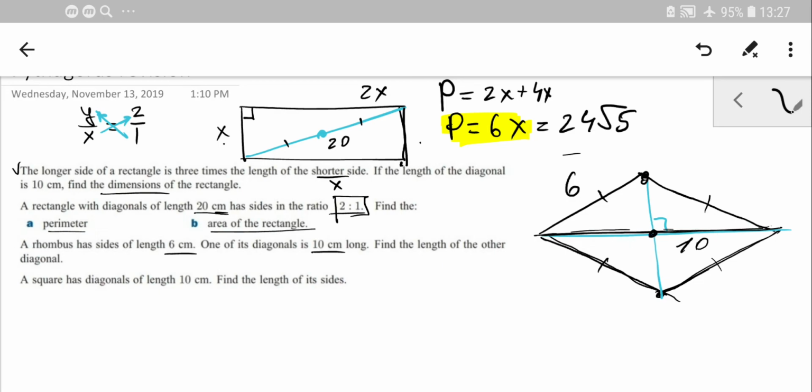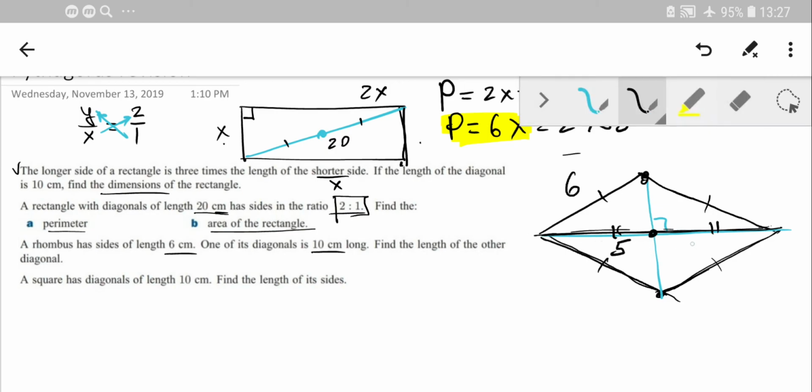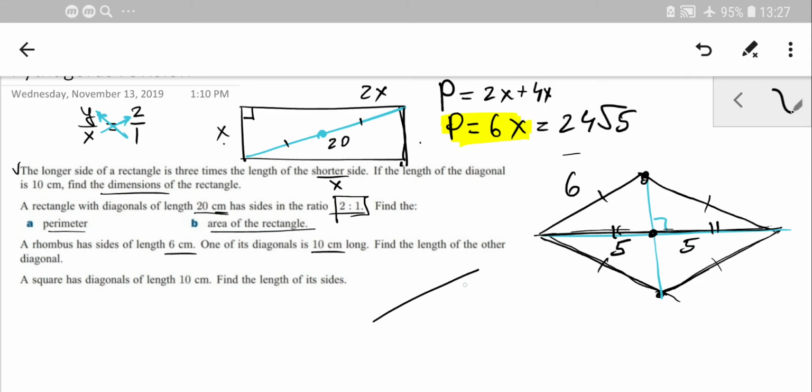So the half of it, because they intersect and split at the point of intersection into 2 equal halves. So that's why this part is 5. If the whole is 10, this half is 5, so we can write 5 and 5. And we arrange the right angle triangle again with sides 6, 5, and let's say the unknown half of the other diagonal, let it be x.